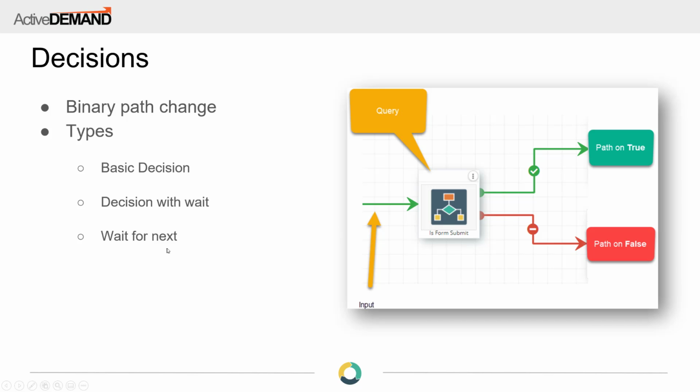There are three types of decisions that you can use. One is the basic decision, then decision with a wait, and the final is wait for next, and I'll go through each of these decisions.